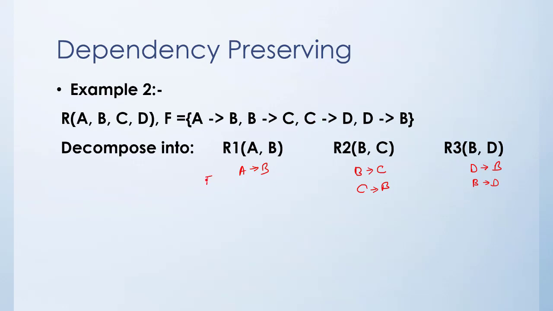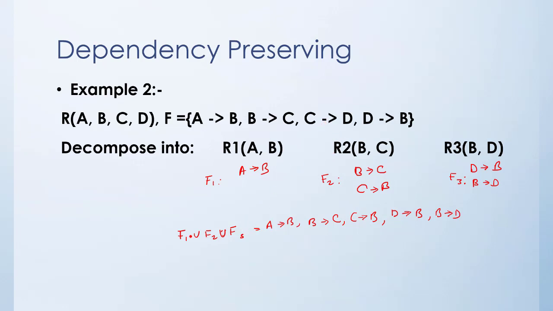So this is my F1, this is my F2 and this is my F3. So if we perform F1 union F2 union F3, then we are getting A determines B, B determines C, C determines B, D determines B and B determines D. Now, which is the missing functional dependency present in F but not in this union?